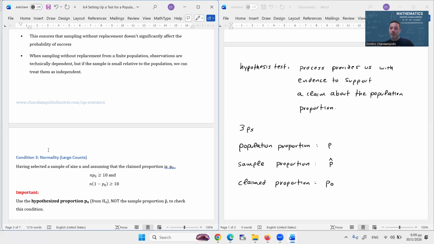So, before we even conduct a hypothesis test, we need to do these three checks.